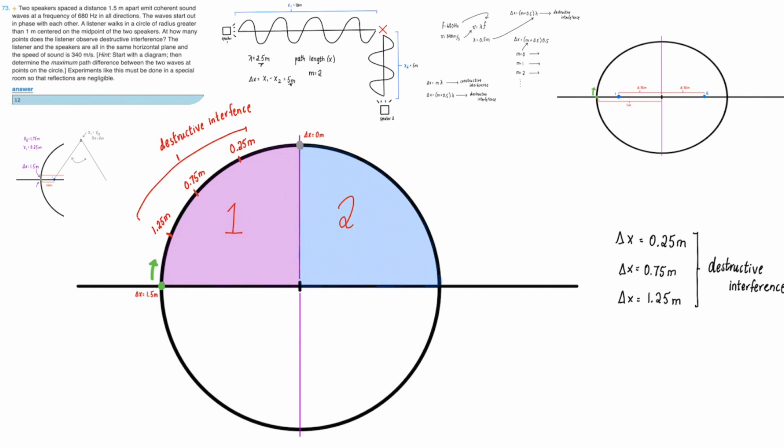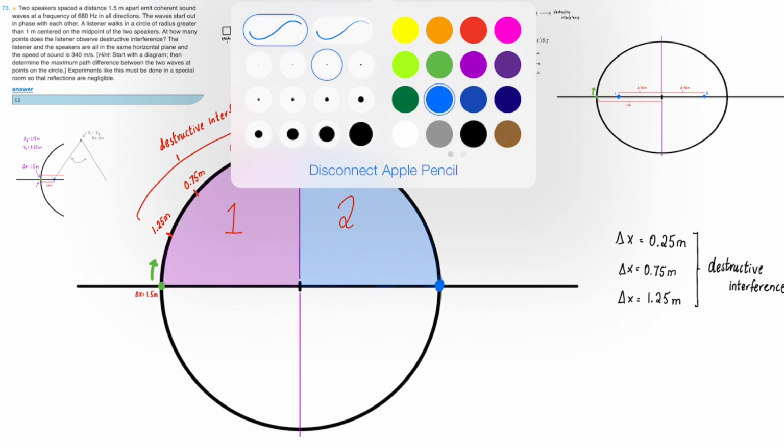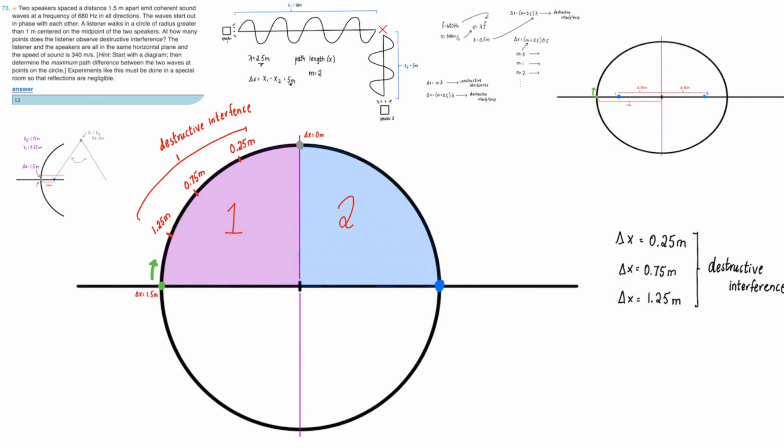Now the same thing can be found when the observer moves through the second quadrant. And so in this case, our observer starts at the gray dot up top, and then he might move down to the blue dot I'm drawing right here. And at this blue dot, the path length difference is going to be just like what it was at the green dot. It's going to be 1.5 meters.